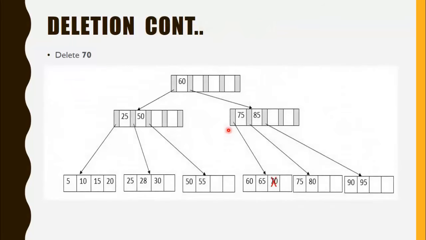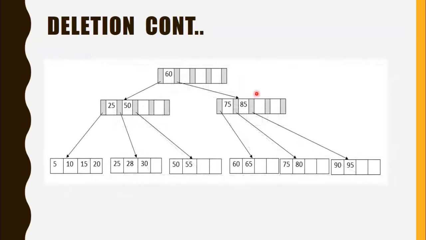In this tree, first we will delete the 70. If we delete 70, it will simply be removed from this node, and the tree will become like this. Now we will delete 25.